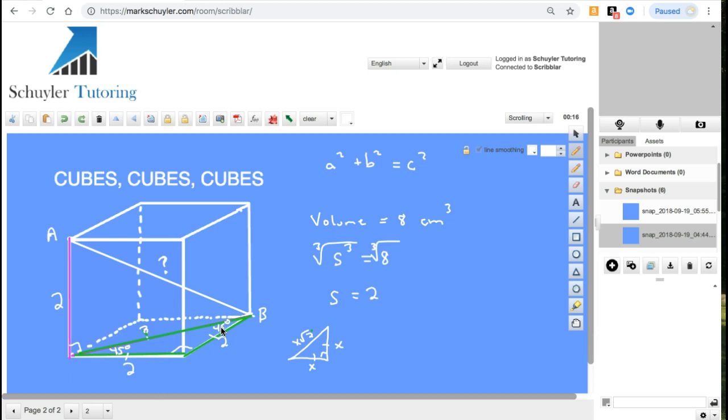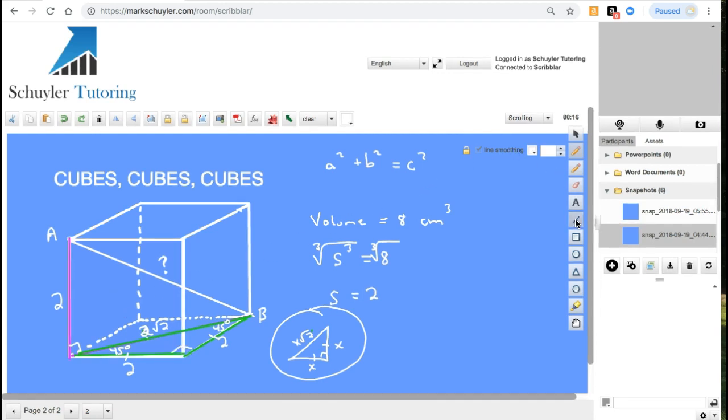So if we look again at our green triangle at the base of the cube, we already know that this is actually going to be 2 root 2 in length. We could get that by doing the Pythagorean theorem, but it's probably faster to remember the ratios of the isosceles right triangle. A little faster than doing the Pythagorean theorem. But guess what?